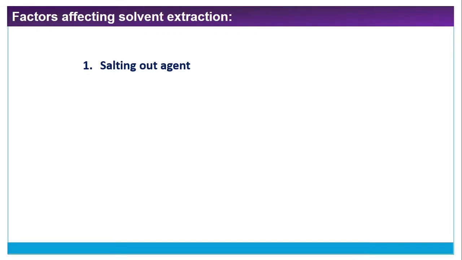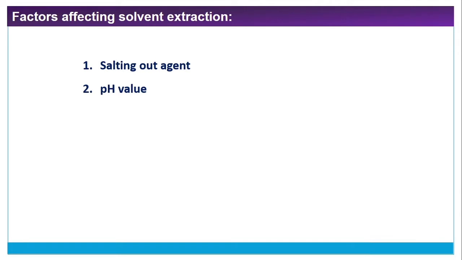As we learned last semester in the first chapter, gravimetric analysis, as the common ion concentration increases, that suppresses the solubility of one of the components. So this is called the salting out effect. If you add inorganic salts, then the percentage of extraction will increase.